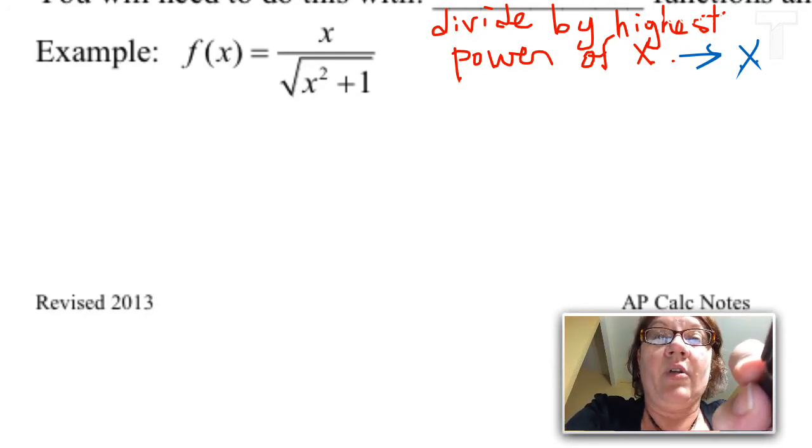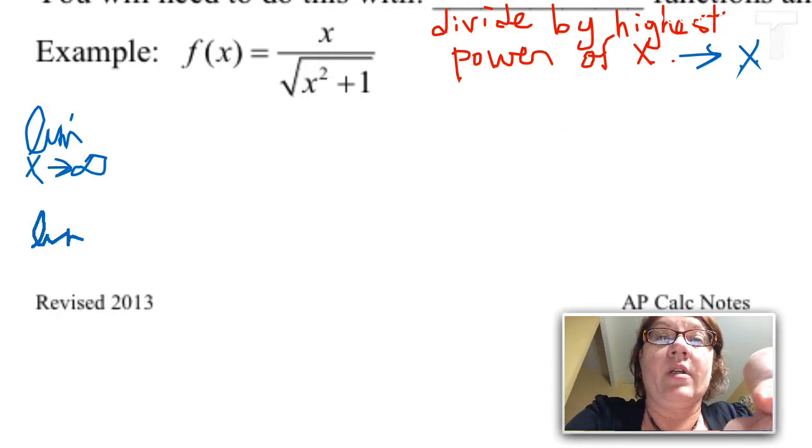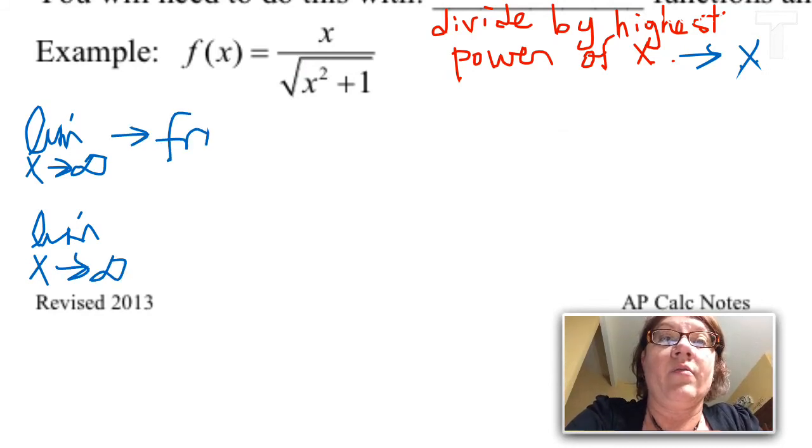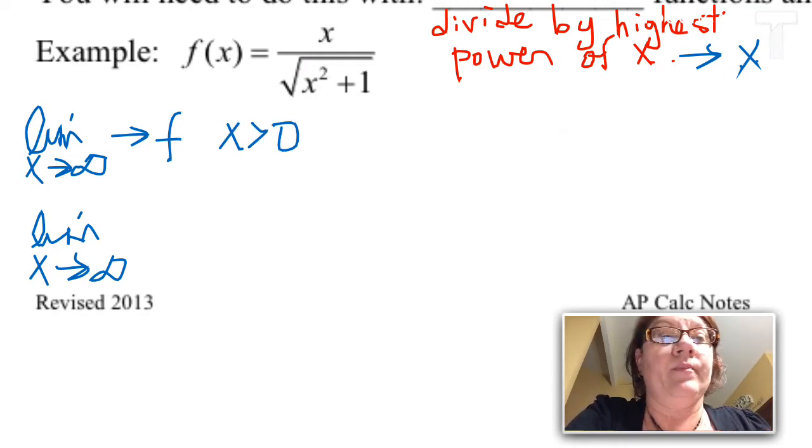But I'm going to strategize on how to divide by that. So now I'm looking at the limit as x goes to positive infinity and the limit as x goes to negative infinity. So for the positive version, so when x is positive, oops, that's supposed to be a 4, not a fro.